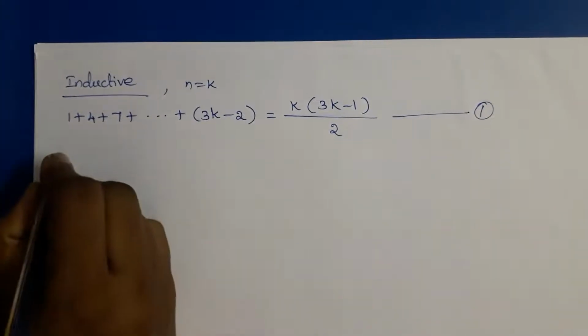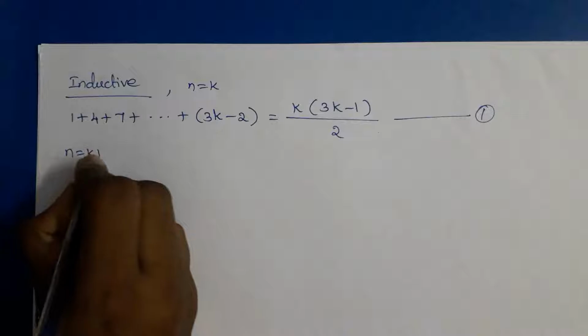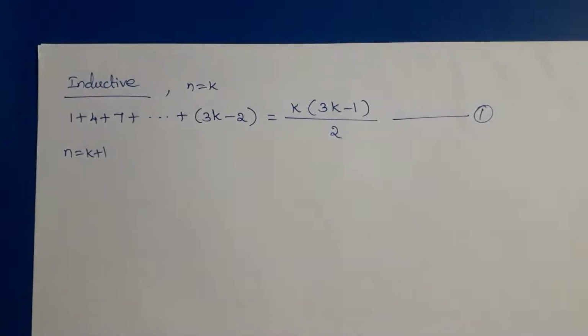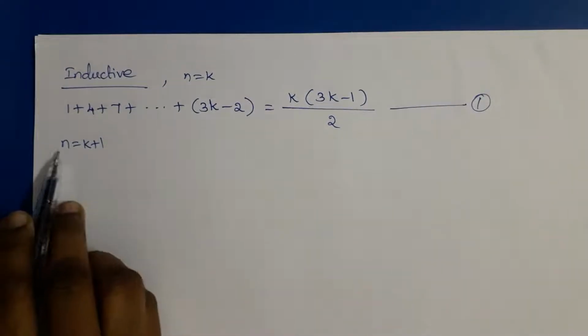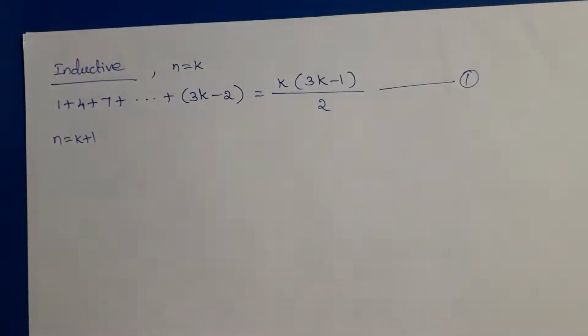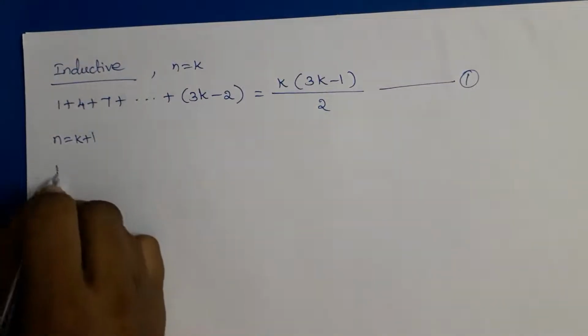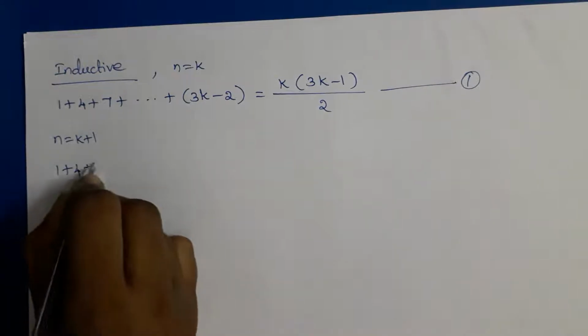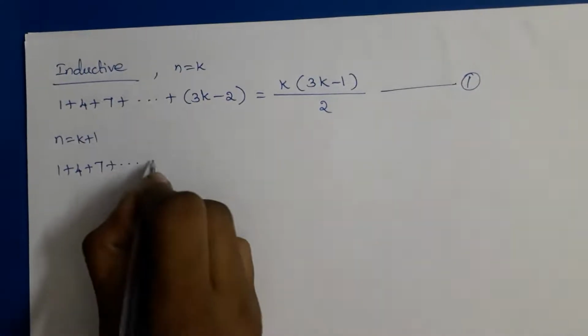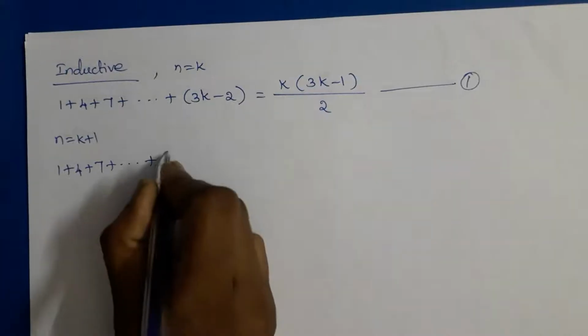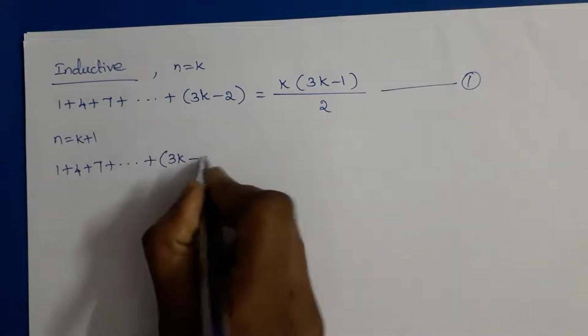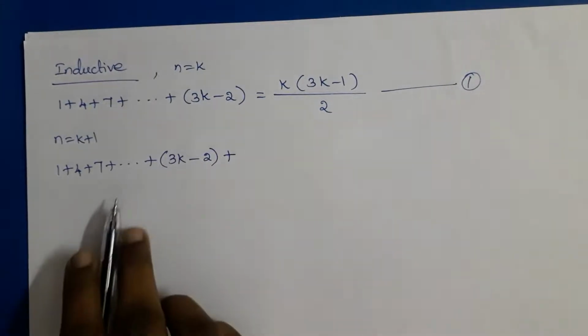Now we need to prove that the k plus 1th equation is also true. So we have to consider n is equal to k plus 1. We need to write the left hand side as 1 plus 4 plus 7 plus dot dot dot plus the kth term, which is 3k minus 2, plus the k plus 1th term.